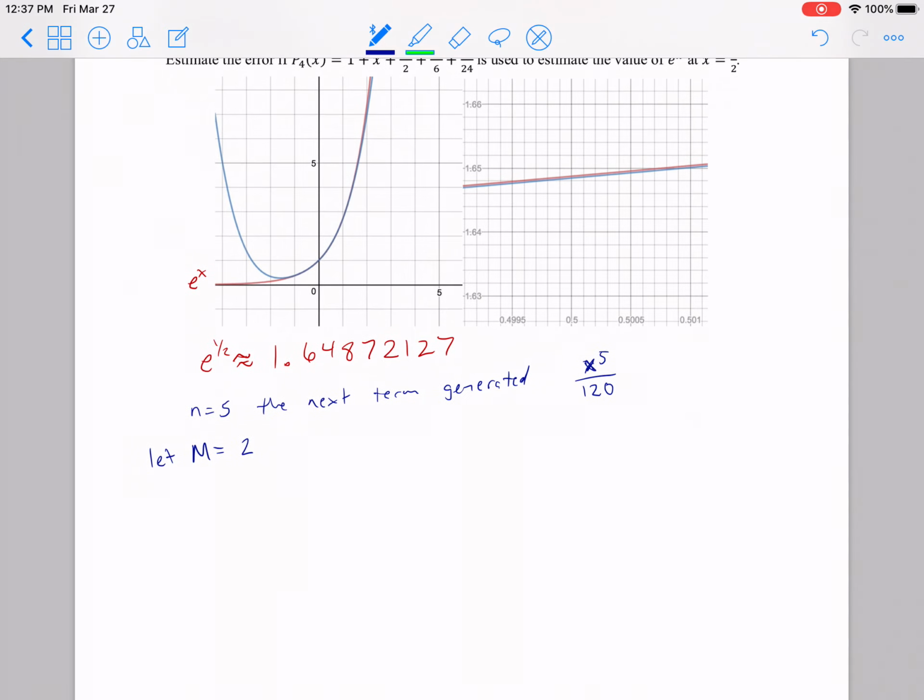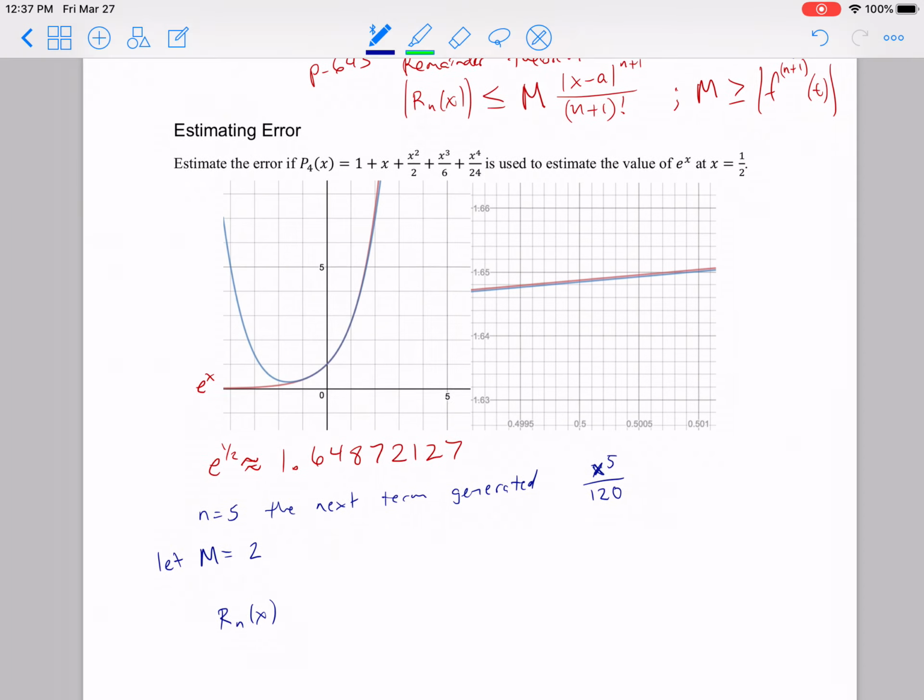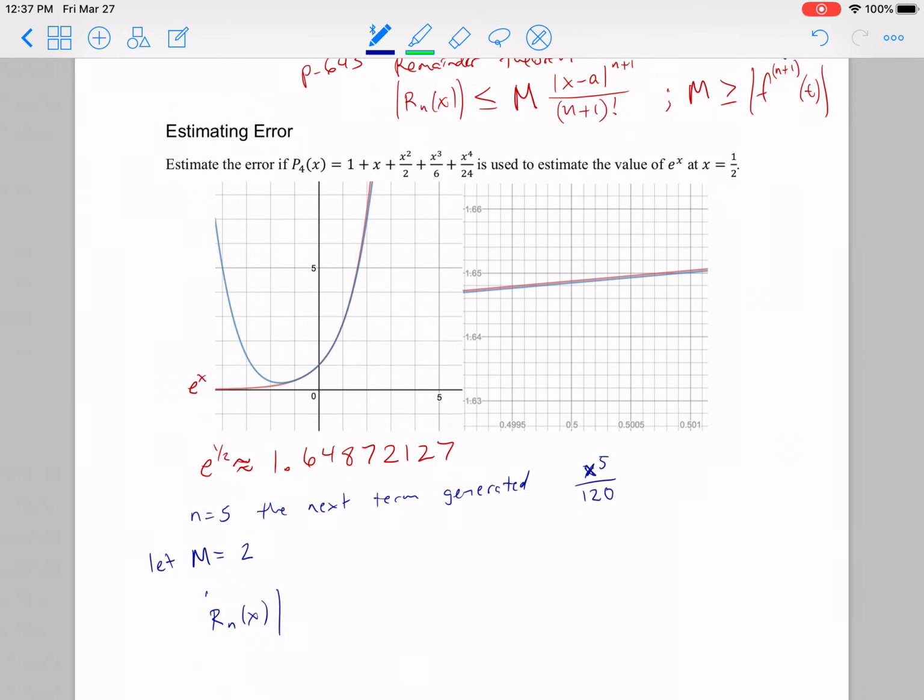So our error function, the absolute value of the error, because this is that leftover part, is going to be less than or equal to 2 times, and we're doing 1/2, so I'm going to plug in 1/2 for the x, 1/2 to the 5th over 120.